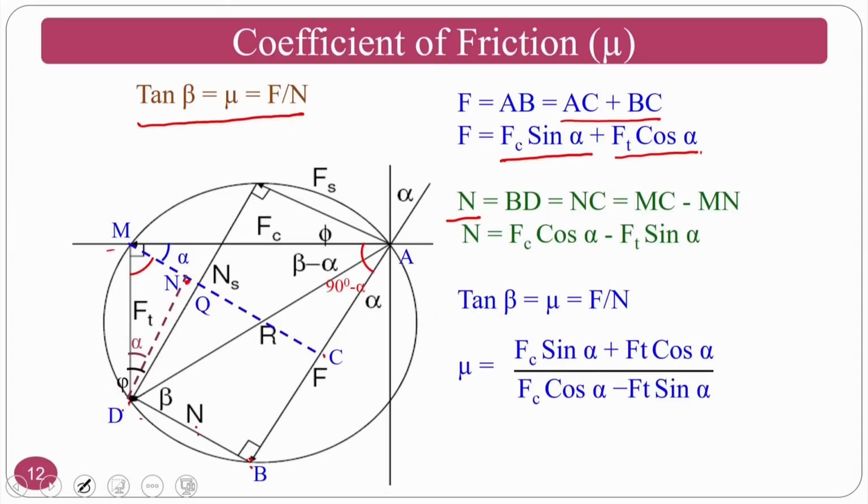MC is this one. MC minus MN. This is MN. Now MC is connected to my cutting force, so Fc cos alpha, which is adjacent to this one. That's why it is Fc cos alpha minus Ft sin alpha, because I am talking about MN, which is the opposite side.